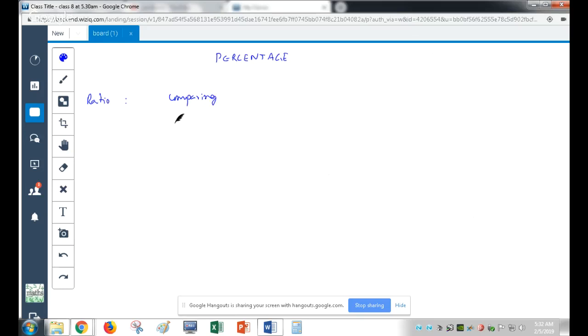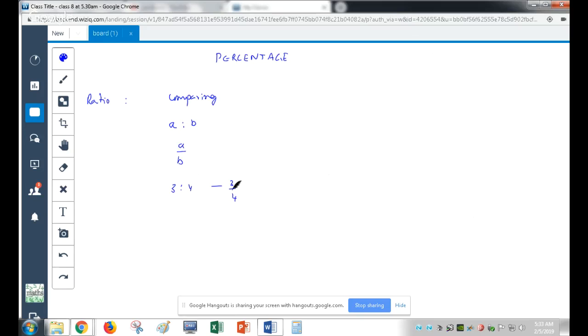We write the ratio like this, A is to B. Every ratio, we can write as a fraction also, A upon B. Suppose 3 is to 4 is there, the fractional representation of the ratio is 3 upon 4.